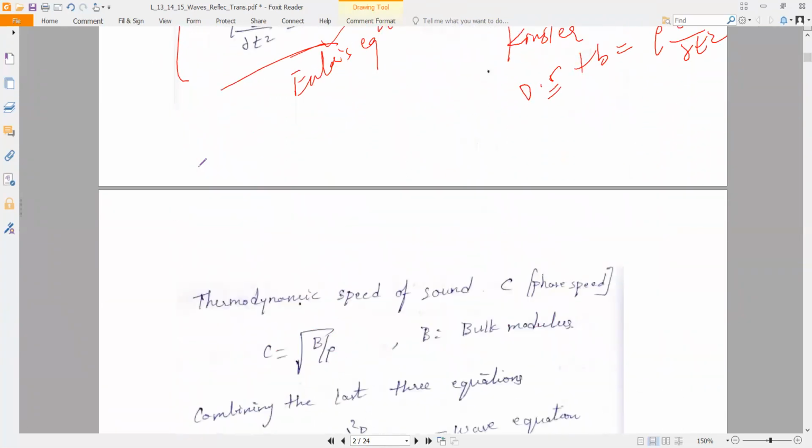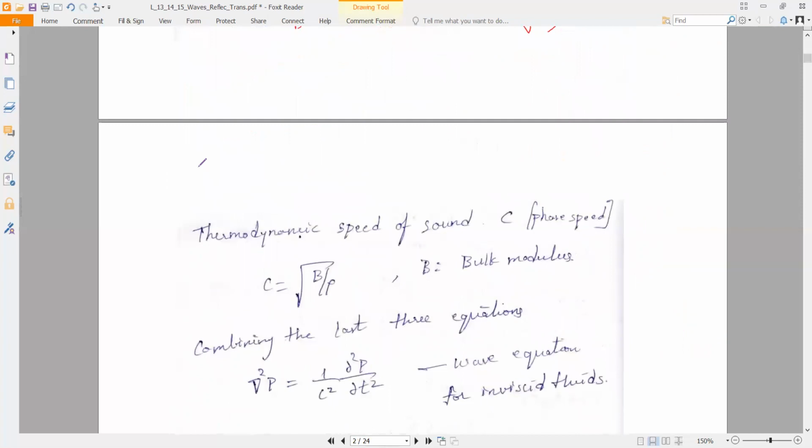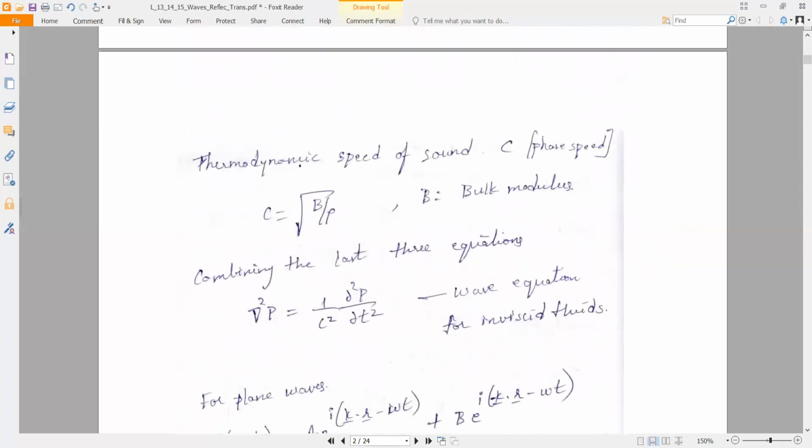Let's proceed. One other parameter which also comes in from thermodynamics is the phase speed of sound, which is given as the square root of b by rho, where b is the bulk modulus. For now, let us assume that we know this, because if we start deriving fluids, then we will end up with a wave mechanics course rather than an ultrasonic non-destructive evaluation course.